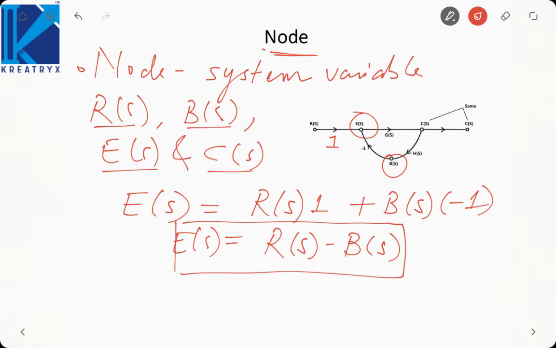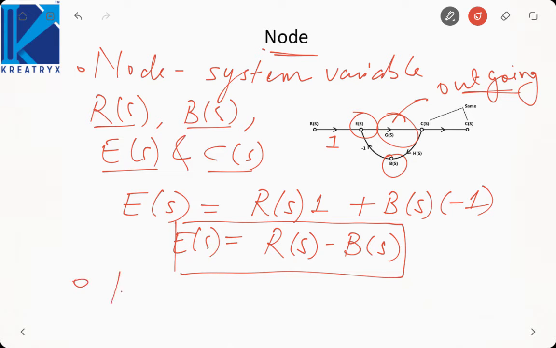So here each node, always remember, is the sum of all the incoming signals. This is a very important point. No matter how much you know signal flow graph, this is the first basic thing that we study about it. Each node is equal to the sum of incoming variables, and I do not care about the outgoing branches. Only the incoming branches, and the sum of those will give me the value of the node variable.